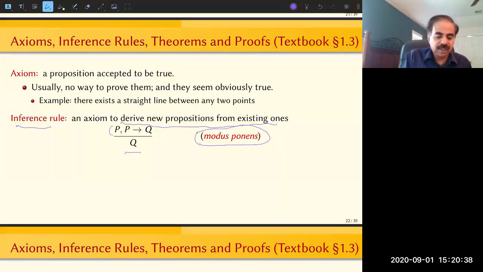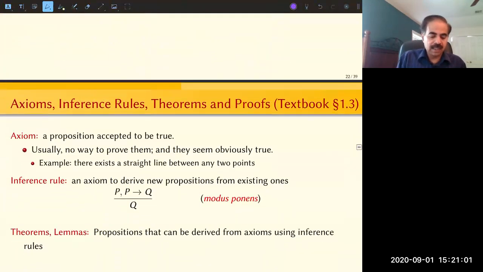And in addition, you are given the fact that P is true, right? So when you combine P is true, and if P is true then Q is true, and put the two together, you get the result that Q must be true. Okay, so this is a very simple example of an inference rule.